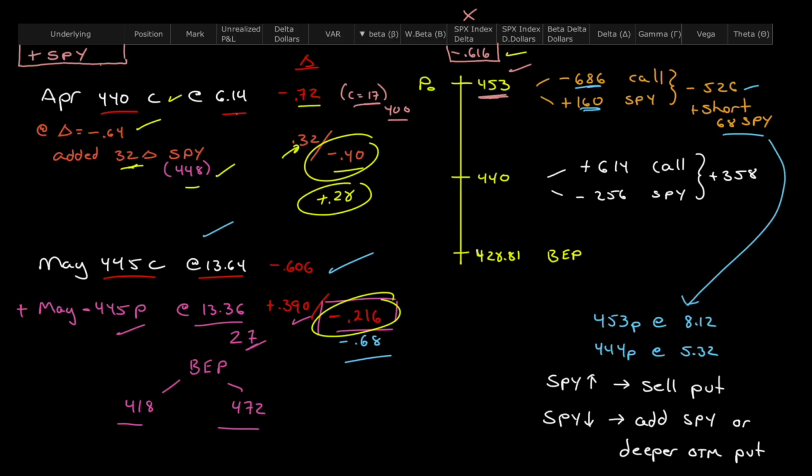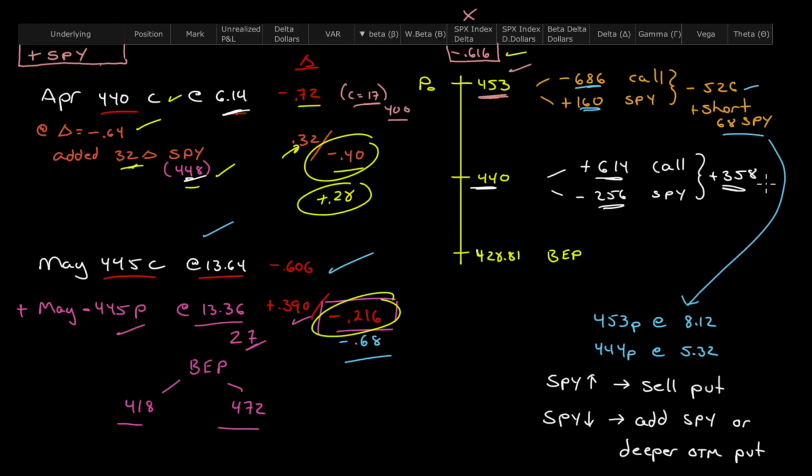Look what happens if I bought the shares and I shouldn't have because the stock fell. If it ends at 440, let's say it goes back down to 440. I bought these at 448. Well, I make the full 614 on the call because I sold the call for $6.14. I'd only lose 256 on the 32 shares, 8 times 32, 256.